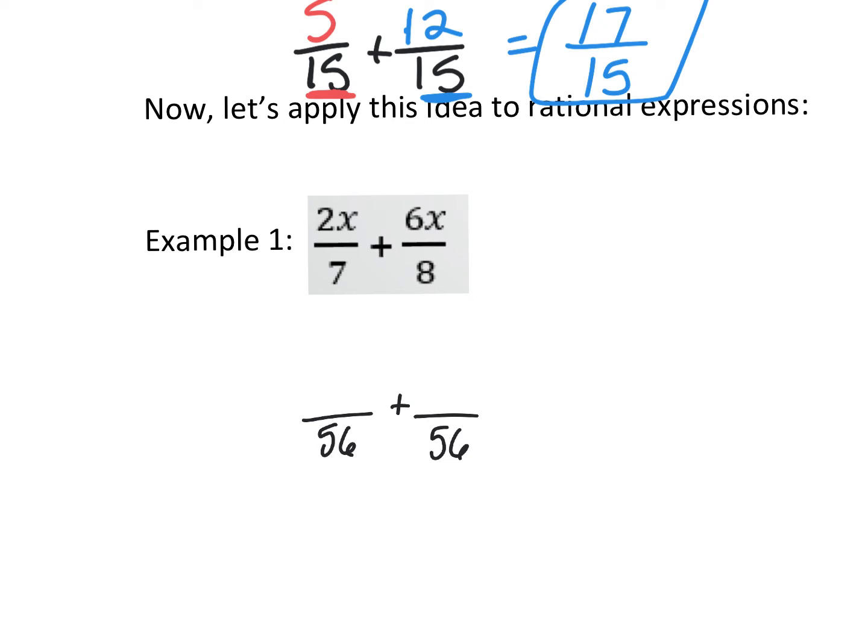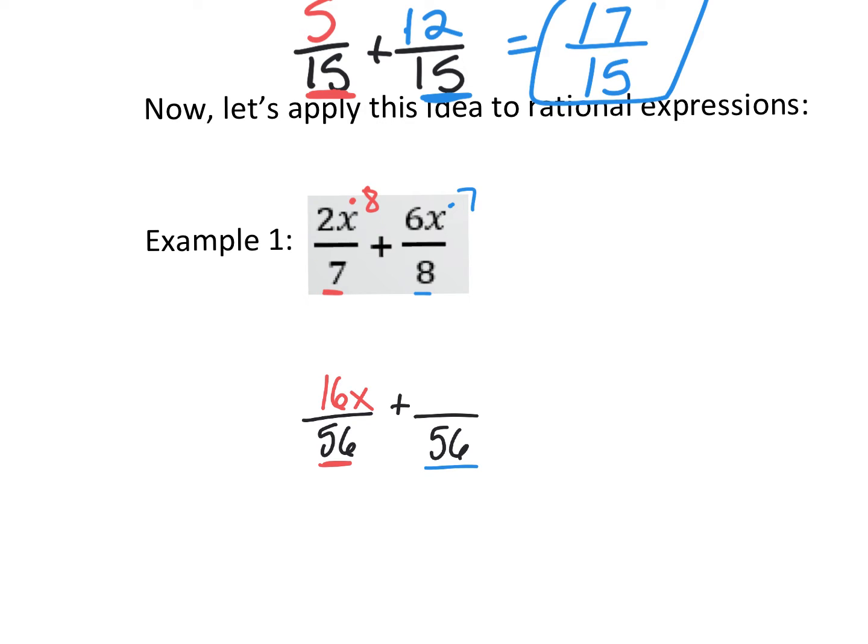So now what? Okay, so the first one, to get from 7 to 56, I multiply by 8, so 2x times 8. And then to get from 8 to 56, times 7.